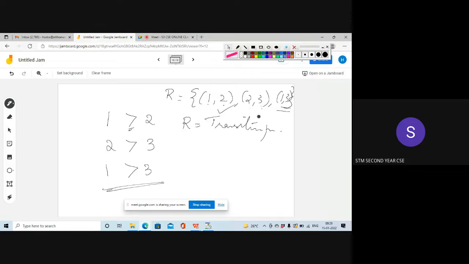You have to check if (1, 2) is there. Next, you have to check if 2 is related to some other element. If so, then (1, 3) should be there in the relation. Is it clear?